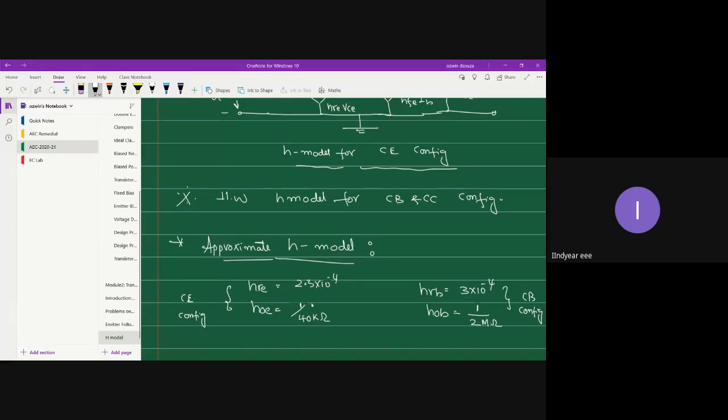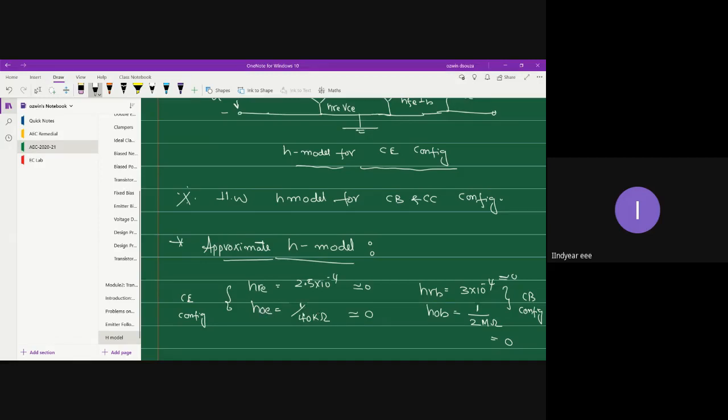If you observe these values carefully, you will see that they are negligibly small. 2.5 into 10 to the power minus 4 is something like 0.00025, so you can assume this as 0. For practical analysis sake, you can assume these are negligibly small.